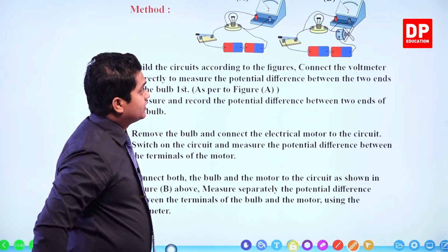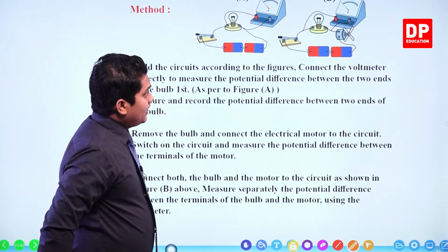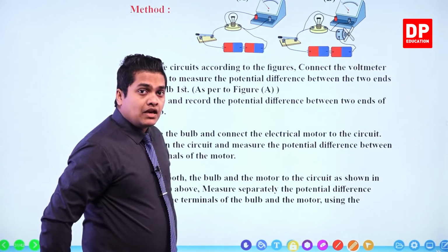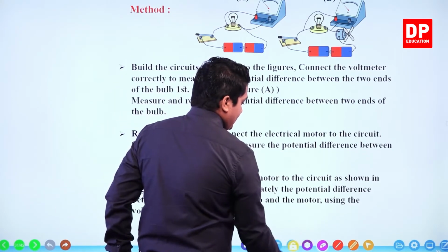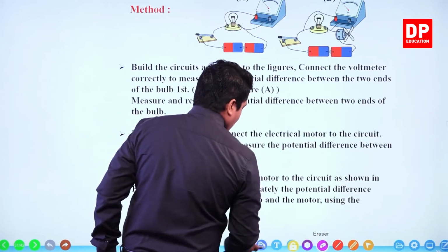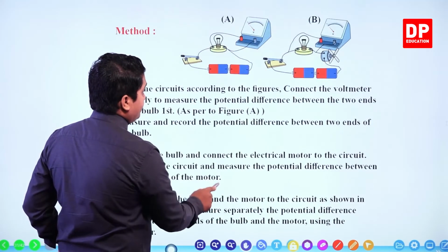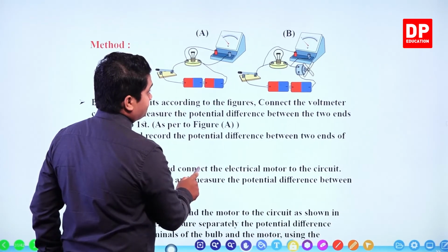Okay, my dear children. Now I'm going to ask you a simple question. I'm going to erase this. First of all, I'll take this figure somewhat down so that you can see it very clearly.